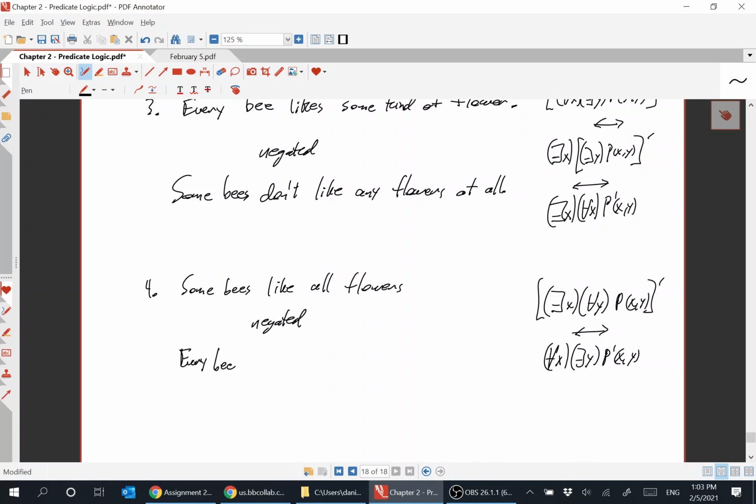You're talking about all bees in general, all bees together, or every bee, the archetypical bee. Every bee has some flower he doesn't care for, or it doesn't care for, or doesn't like.